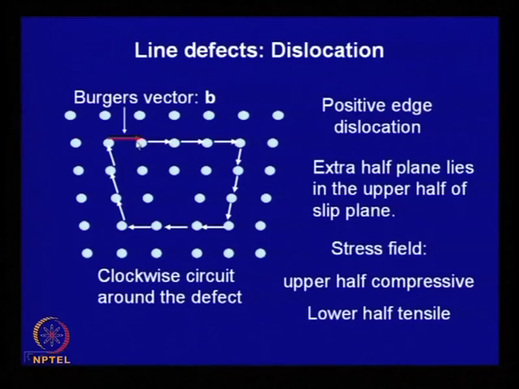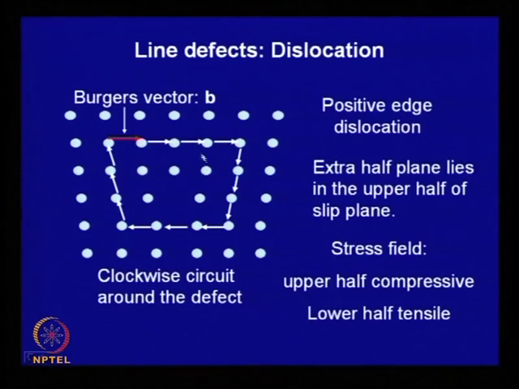So, that means this is a vector by which this circuit is not closing, and this vector is called Burgers vector. This Burgers vector is also exactly the same as the slip vector. Now, this slip vector is pointing in this direction.